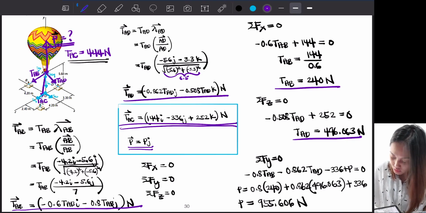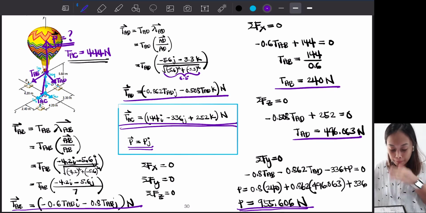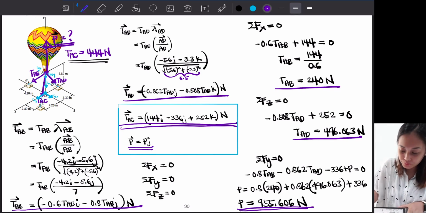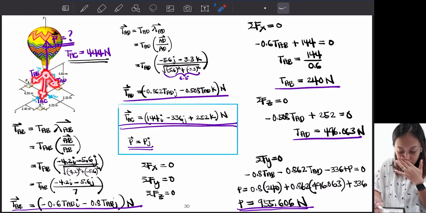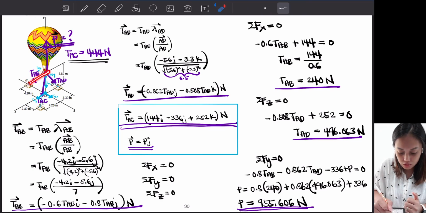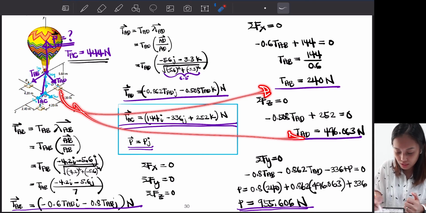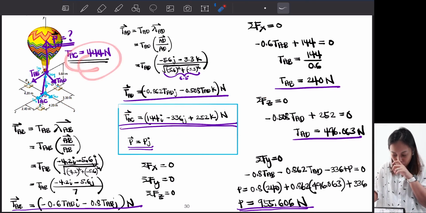So this value is the value of force P nga iyang gi-exert at point A nga gi-prevent siya para dili siya mag-take off aning tulo ka cables which has a value of 240, 496 and katong given nga 444.